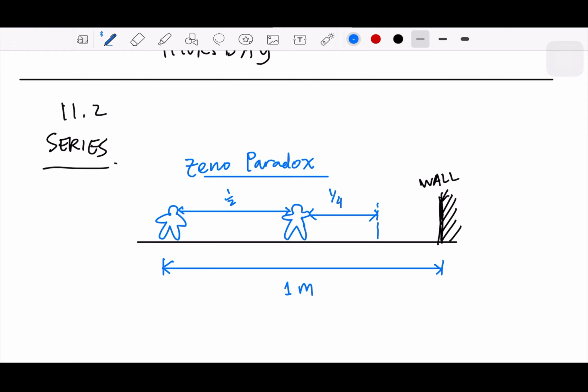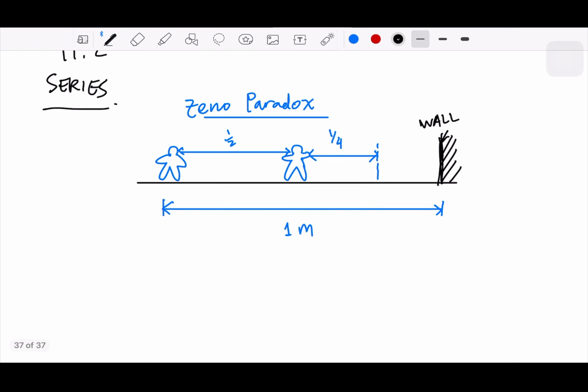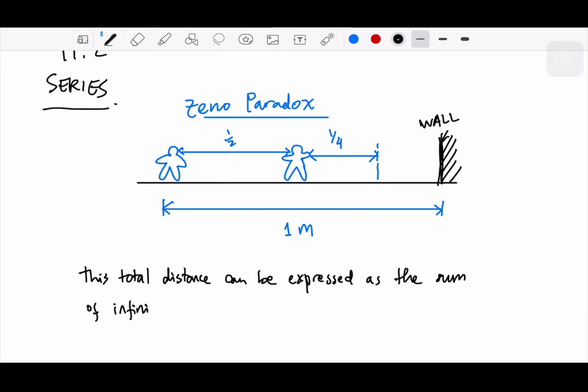So we can imagine that this total distance can be expressed as the sum of infinitely many smaller distances.